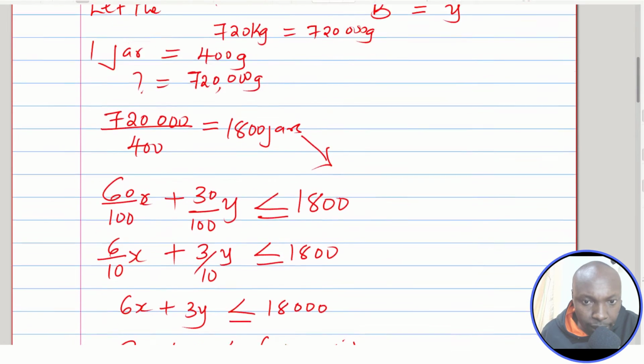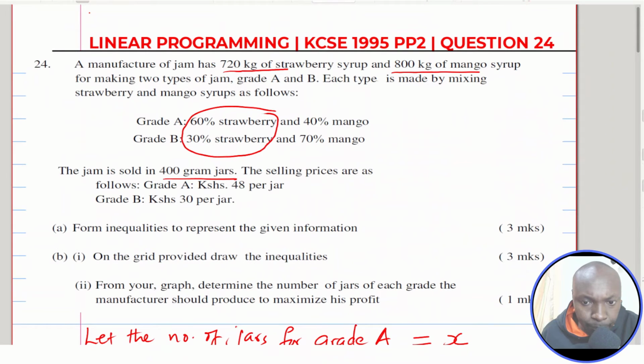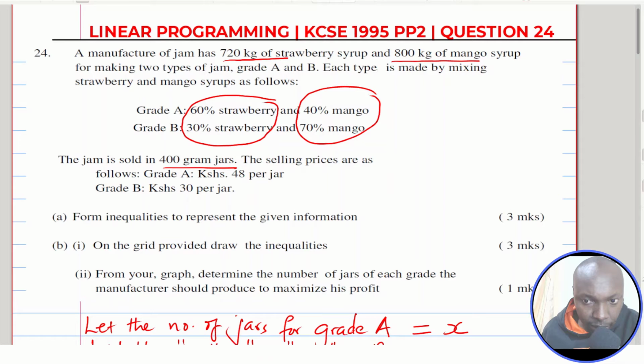Now let's go to the second inequality. We get it from the 40% mango and 70% mango. For mango we have 800 kg, which is the syrup available to produce these two grades. The first thing is to note how many jars will be produced by 800 kg.